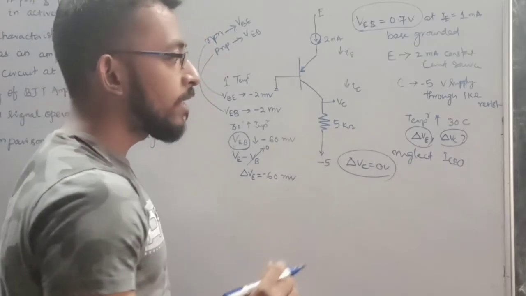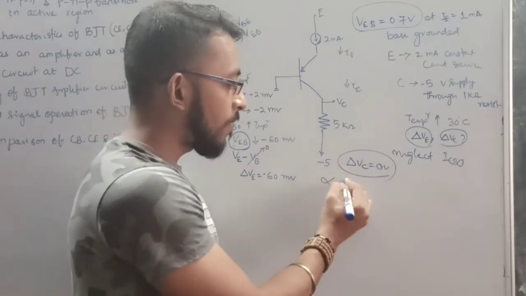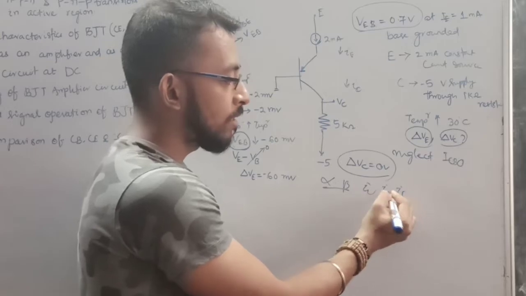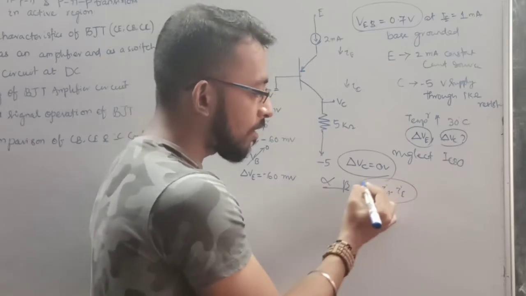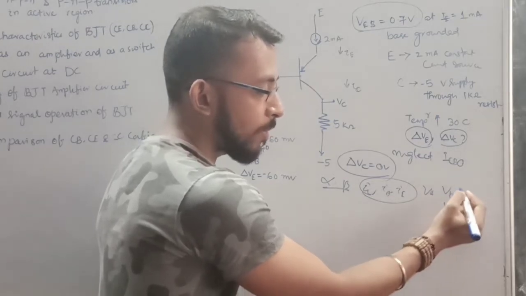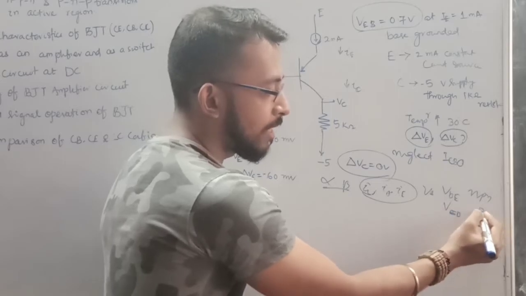So these are the points that you have to remember for solving any question. One thing: the alpha and beta relations, and the IC, IB, IE relations, along with VBE for NPN and VEB for PNP.